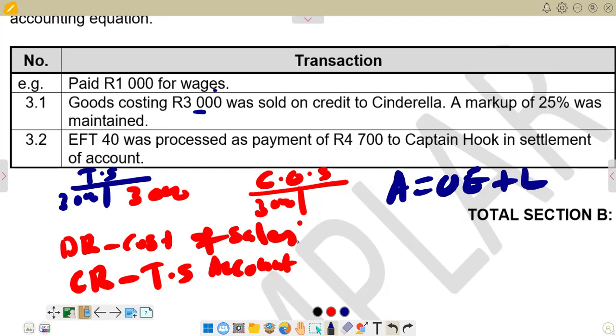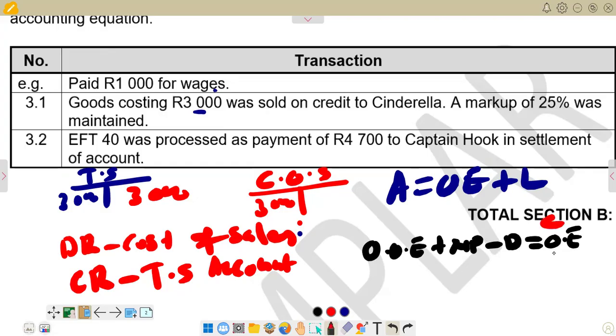So start with our cost of sales. We see that cost of sales is adjusted in the income statement. So the income statement, that's where we calculate our net profit. So it's going to affect our owner's equity. So remember, the formula that we use in the calculation of owner's equity is your opening owner's equity, and then you add your net profit, and then you subtract your drawings, and then you get your owner's equity, which is the closing balance.